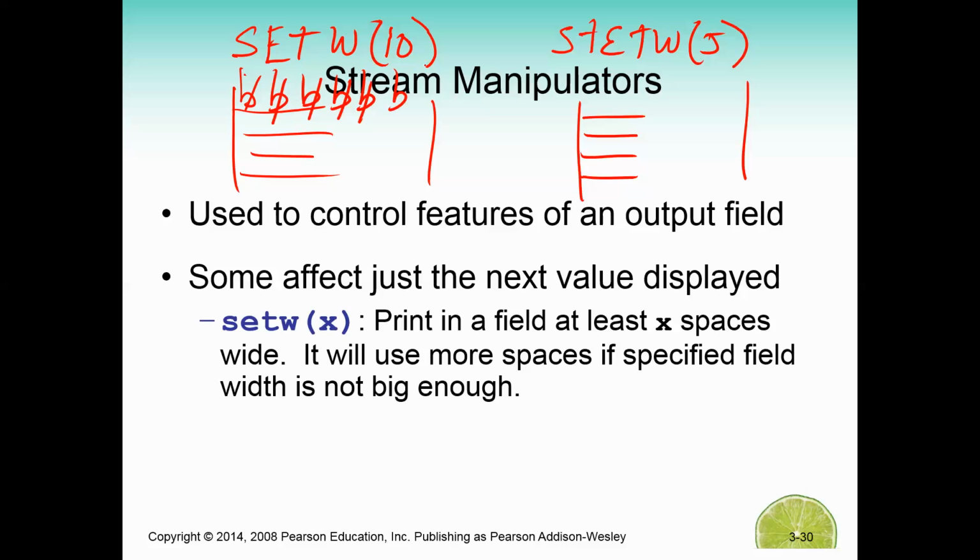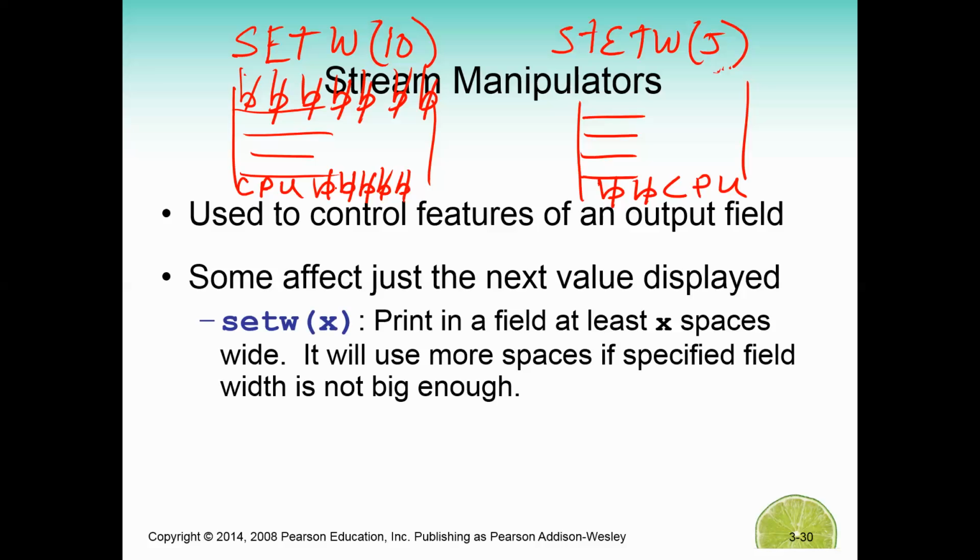So even though my output only requires 3, the computer is going to add those 7 characters and make a pad. If it's aligned to the left, it's going to start with CPU, and then it's going to add 7 characters. If it's aligned to the right, like in this case 5, and we align it to the right, it's going to add 2 characters, and then it's going to put CPU. 2 spaces and then CPU.